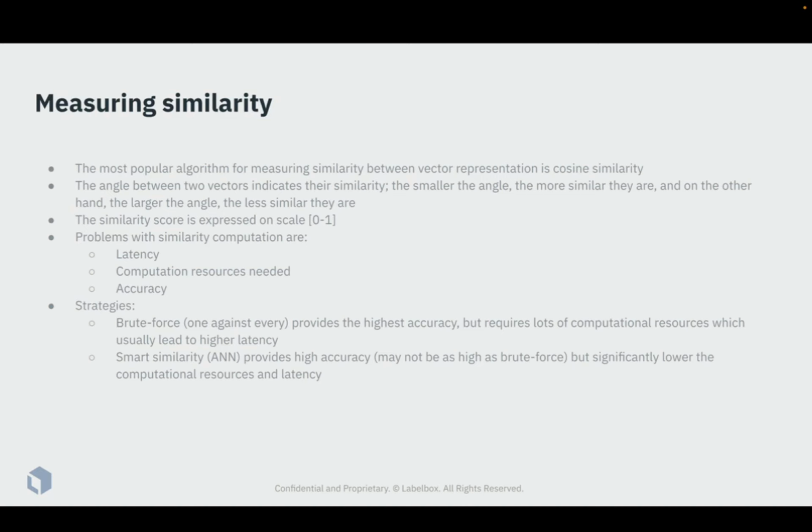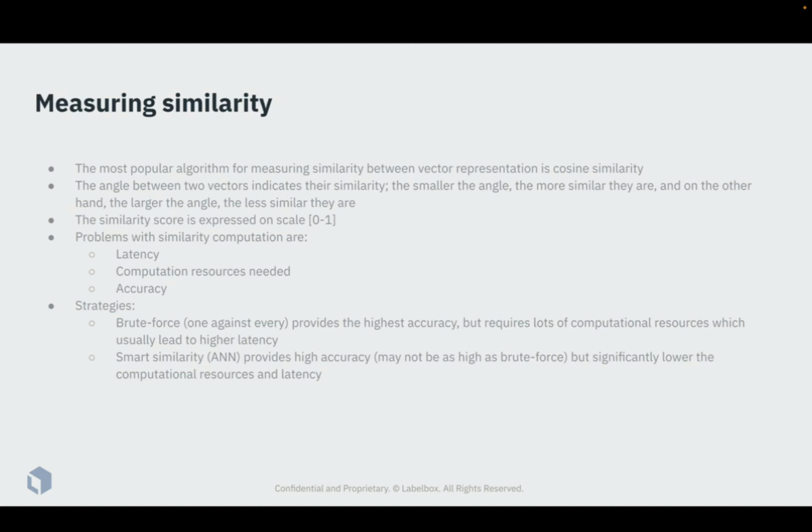It's more about the volume across the assets that you're doing it. Another thing to keep in mind is that if you're doing similarity computation across lots of assets, you do require some high computational resources. And the last thing is accuracy.